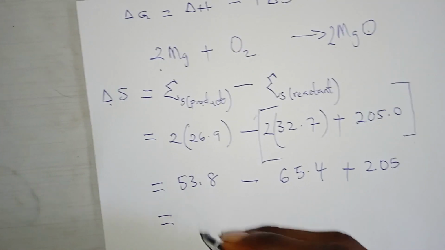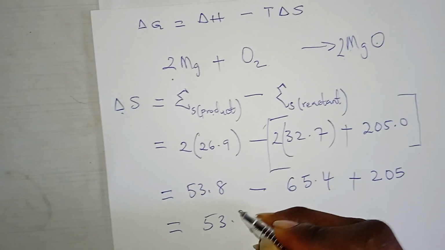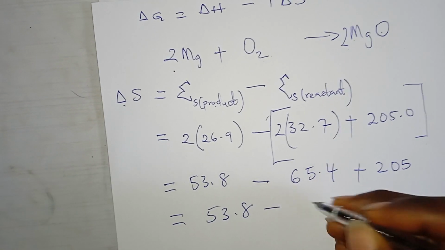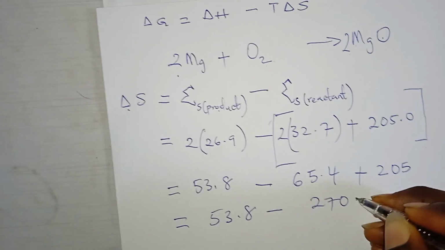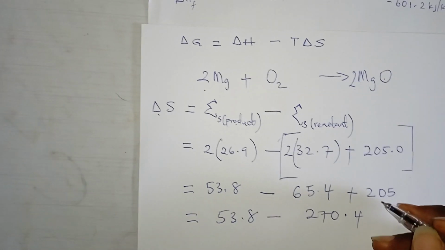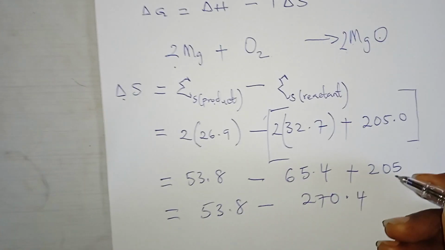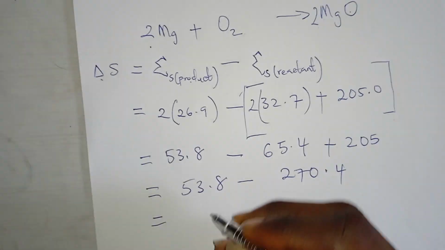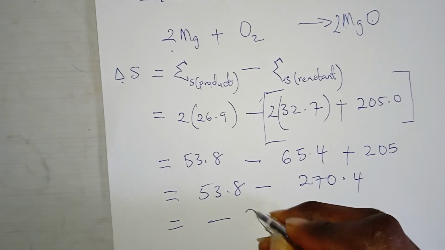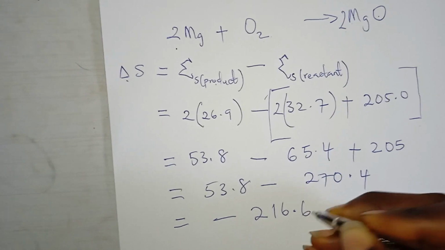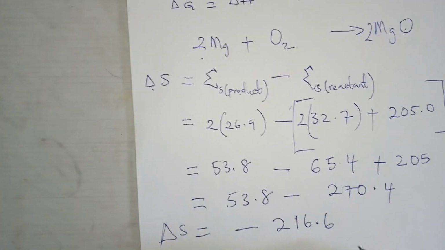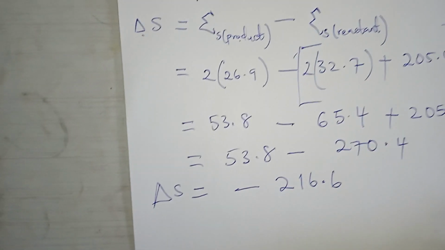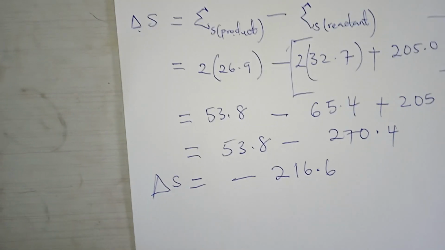So this is going to give me 53.8 minus, when you sum this up, you get 270.4, right? So when you get that 270.4 and subtract, you now have negative entropy, negative 216.6. So it's decreasing entropy. That's what I have.